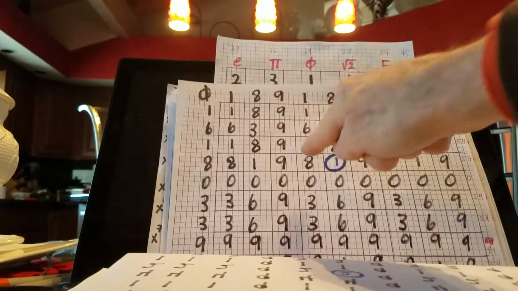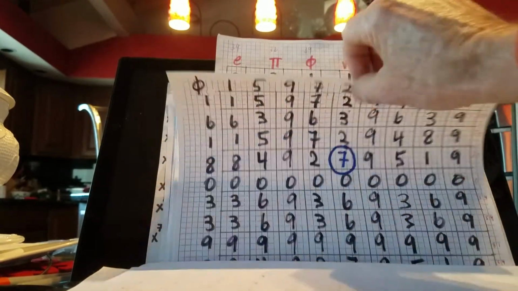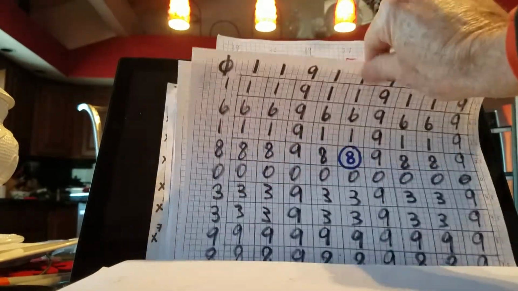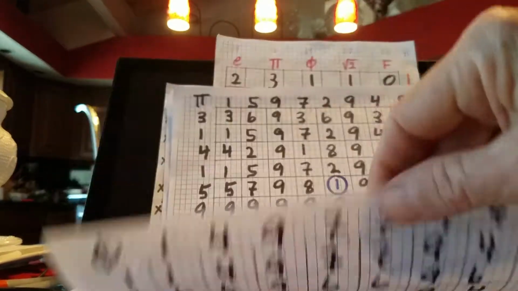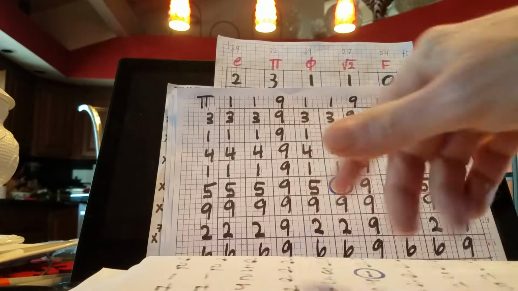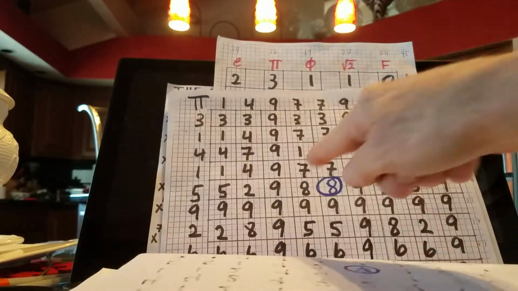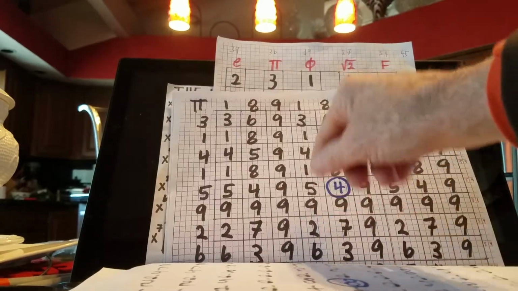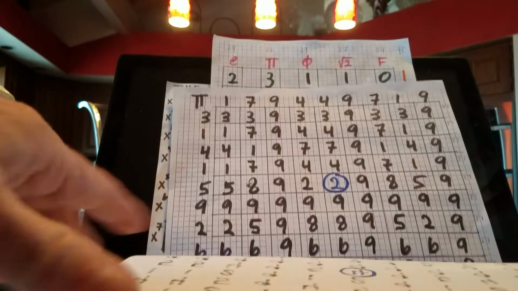Now we have pi, 8, 5, 2, 8, 5, 2. So that's the 258 code.